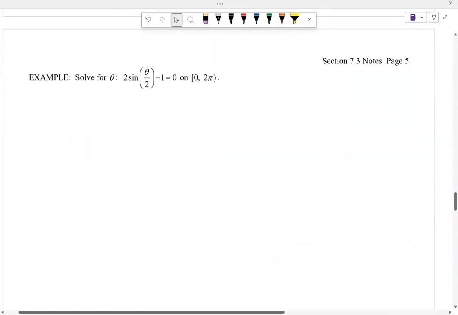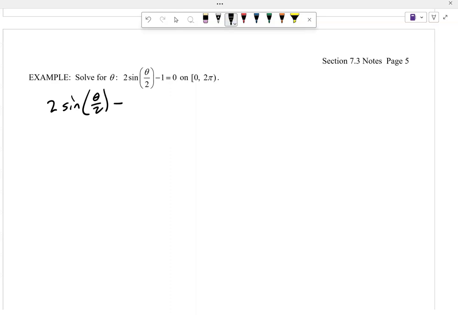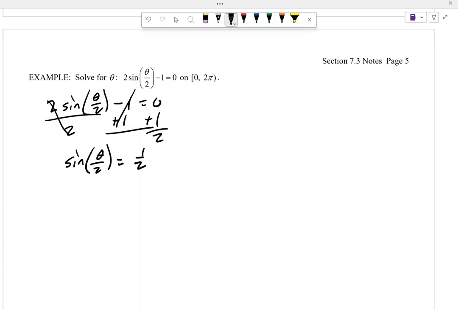All right, how about this one? 2 sine of θ/2 minus 1 equals 0. Let's add 1, and then we'll divide by 2, so we got sine θ/2 equals a half.